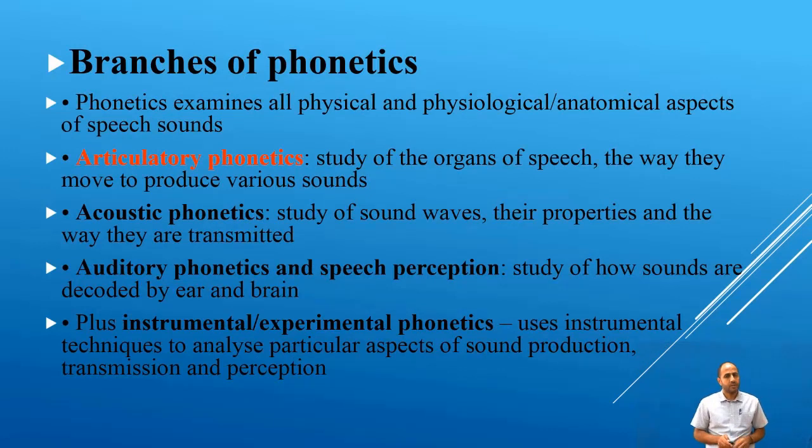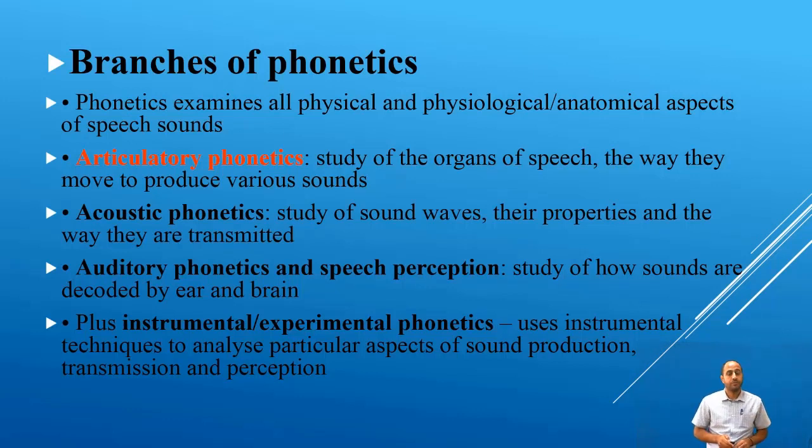Now, since we are talking about speech sounds, how sounds are produced, our concern is how many branches of phonetics we have. Phonetics is the system that studies the physiological and anatomical aspects of human speech sounds.